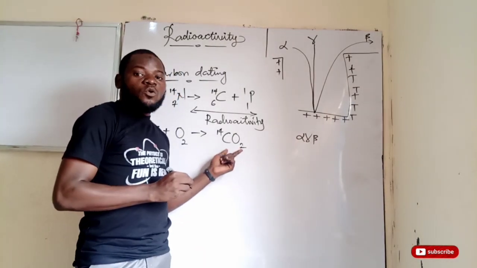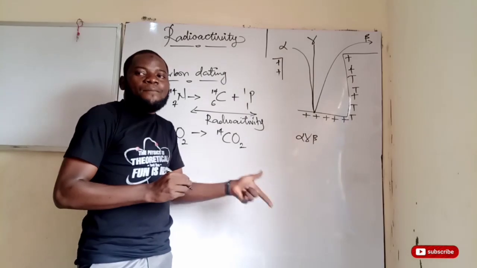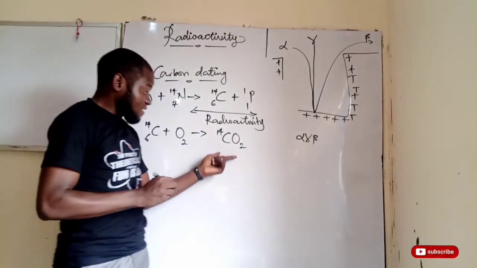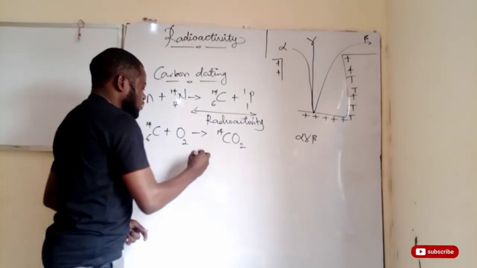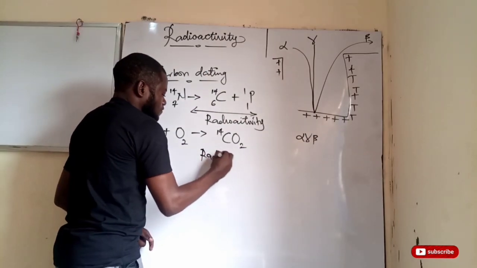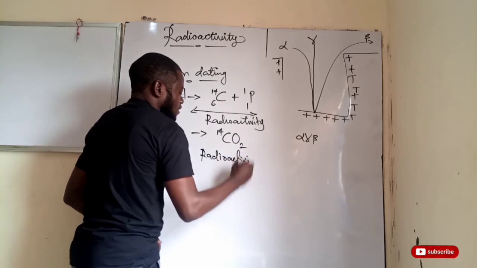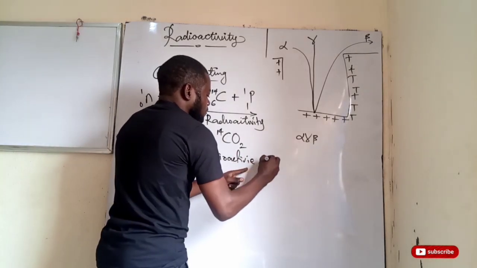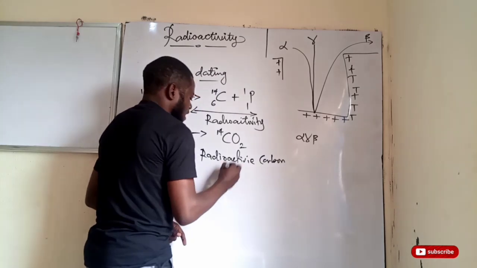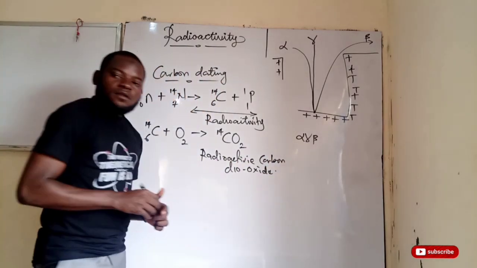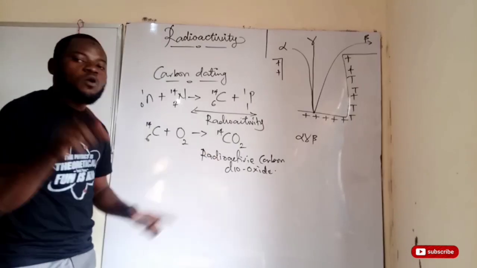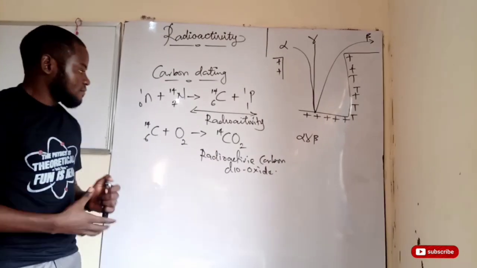So this is called what? A radioactive carbon dioxide. This is where we are going when we are talking about carbon dating.